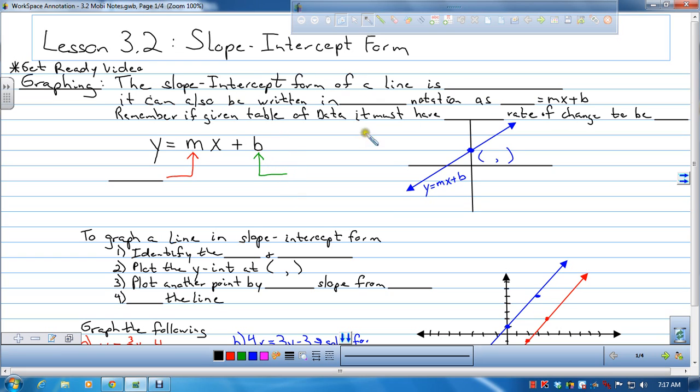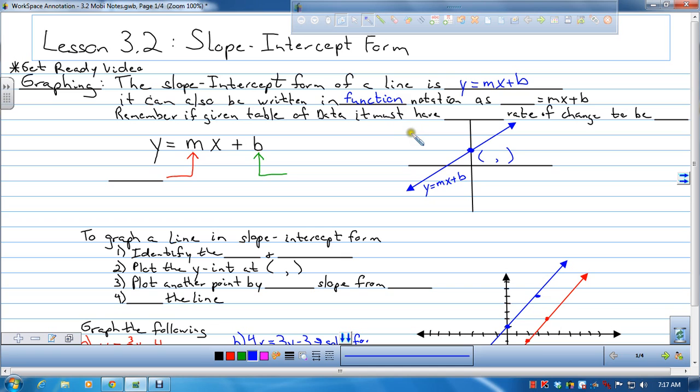Remember, the slope-intercept form of a line is written as y equals mx plus b. That should not be an issue for us at this point, where m is our slope and b is our y-intercept, right? It can also be written in function notation.